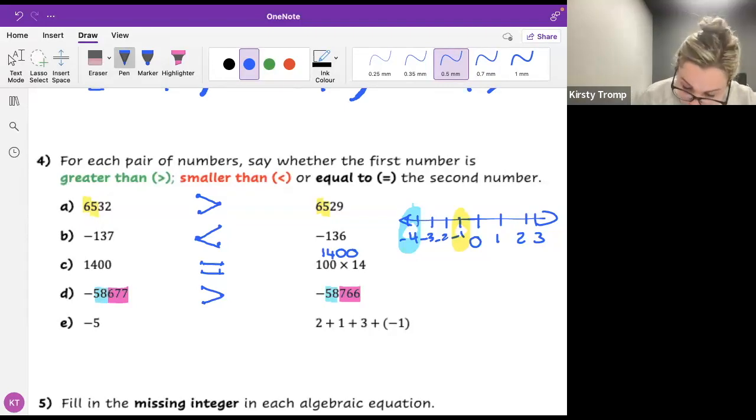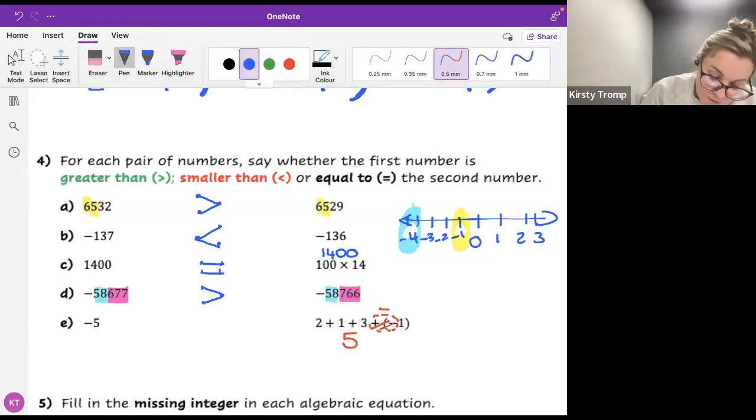Okay, so let's do it quickly. So I've got 2 plus 1 is 3, 3 plus 3 is 6, and 6 minus 1. How did I get minus 1? Remember, I see a negative and a positive next to each other. A positive times a negative is going to leave me with a negative. So 6 minus 1 is going to give me 5.